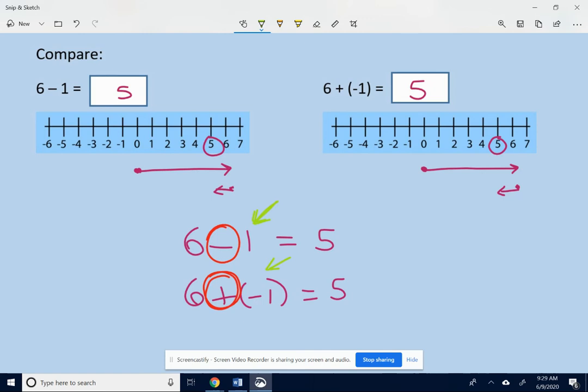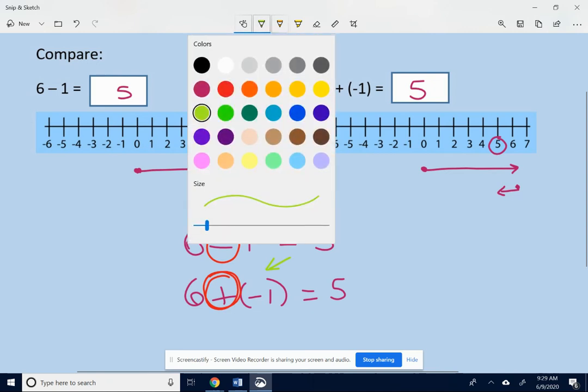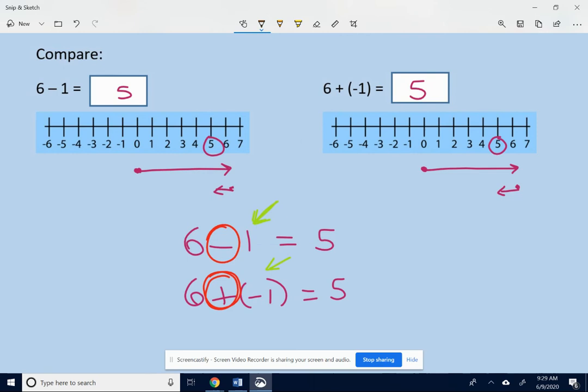So the first number stayed the same, the 6 stayed the same. The subtraction sign became an addition sign. And then the second number turned into the opposite. So when we have a subtraction problem, at least we can do this, we can change it to an addition problem by using same, change, opposite.